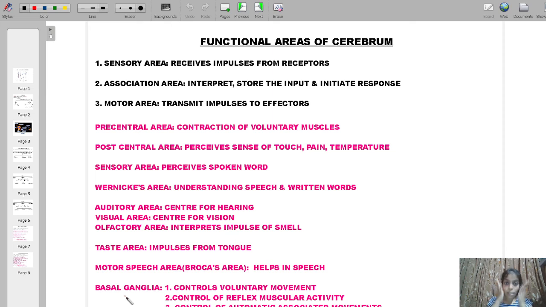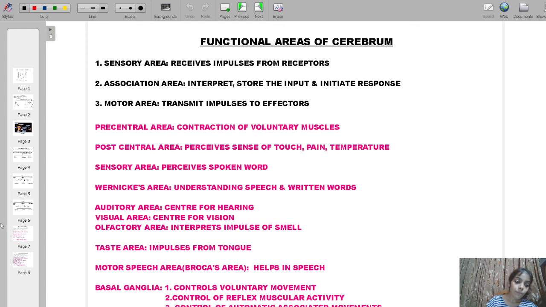Or even the face will be a little bit shaking, because the movements which were normally controlled by this area, the neurons have been affected. It's a degenerative disease. With age, the symptoms become more prominent. So these are the different functional lobes, areas of forebrain.